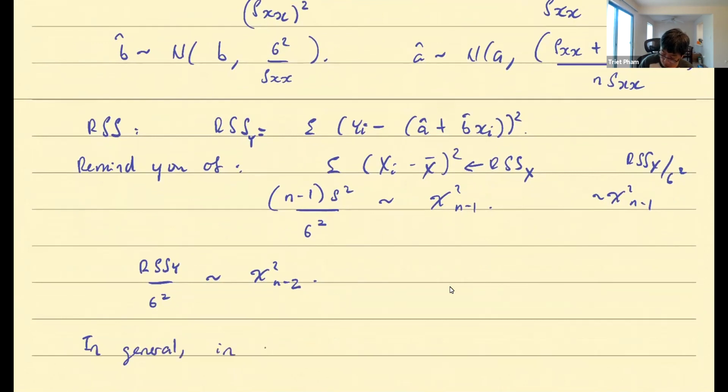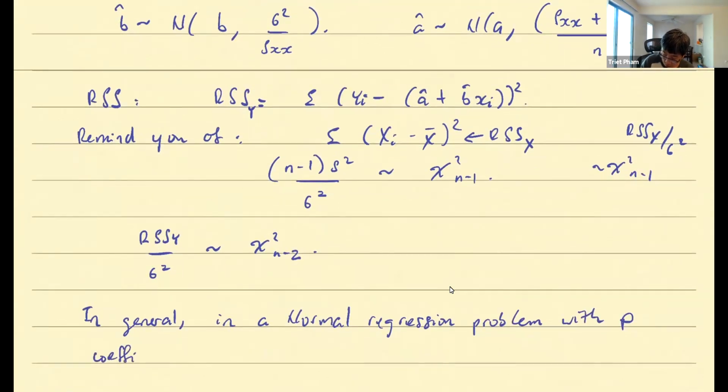So in general, in a normal regression problem with p coefficients, or with p covariates, I think that's what they say. No, p minus 1, because the constant doesn't count. I'm not sure you call the constant a covariate or not. Maybe let me just say p coefficients. So this is counting the constant, counting the intercept.